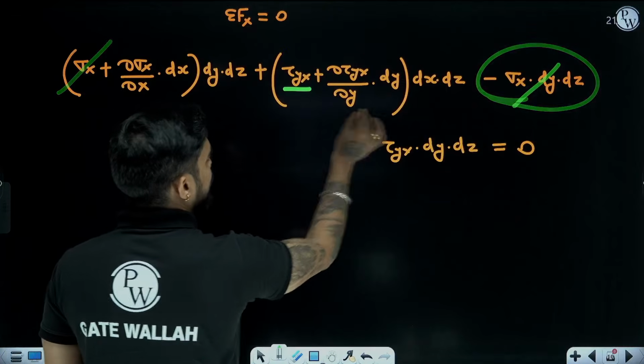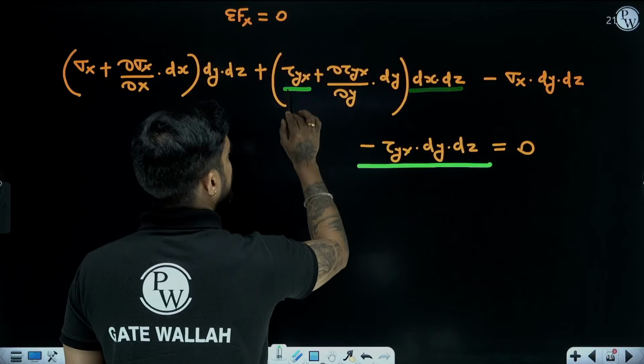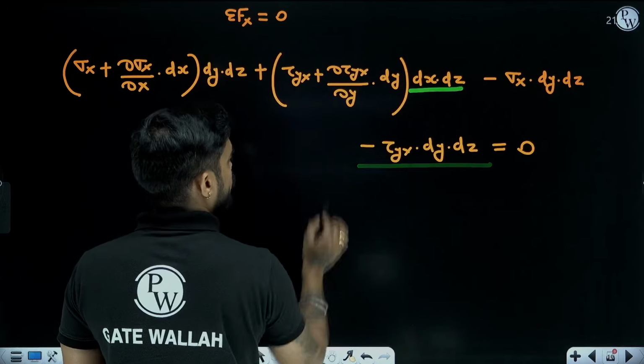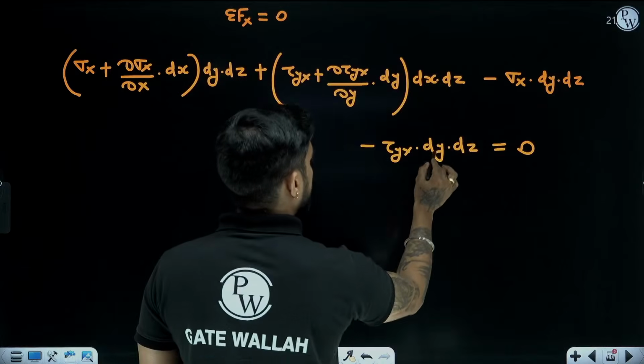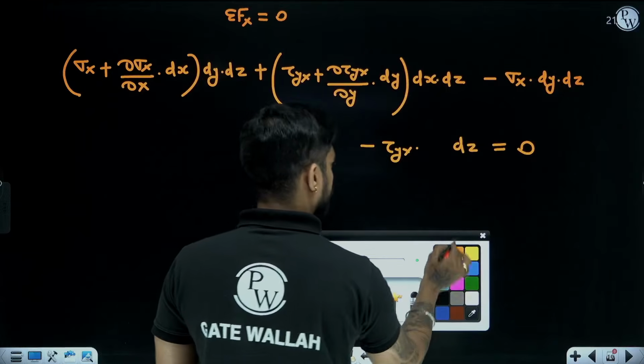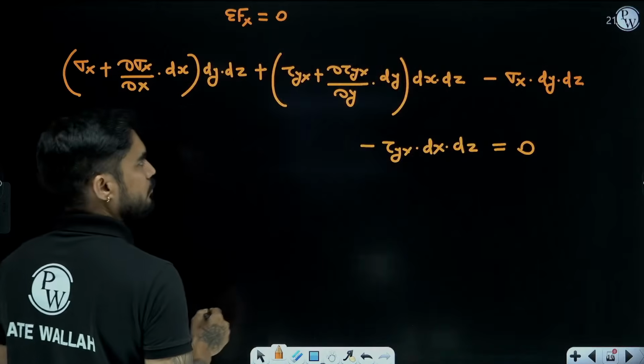Similarly, tau yx into dx dz and minus tau yx into dx dz. So these two will be cancelled. Okay.